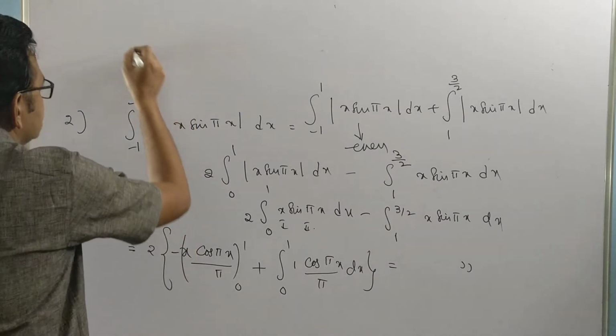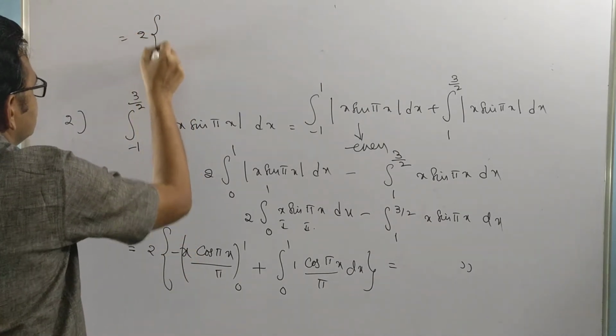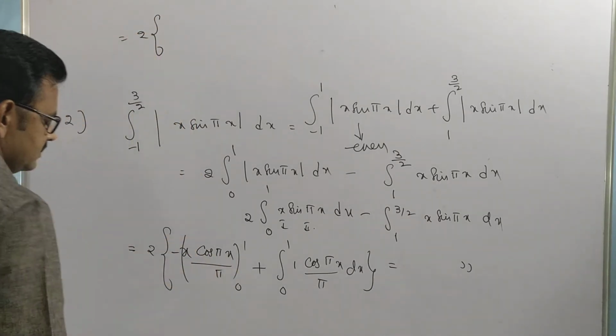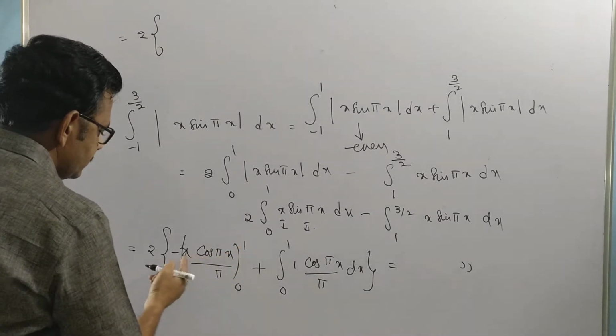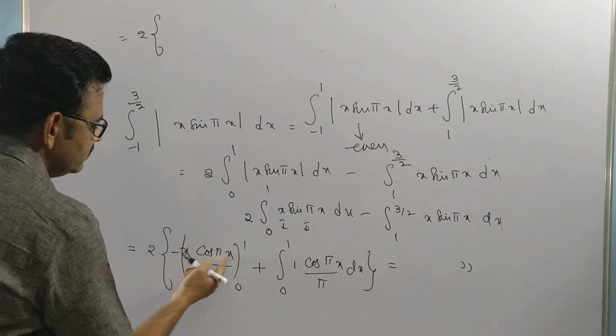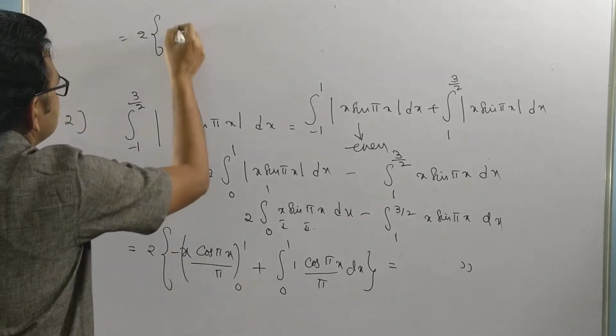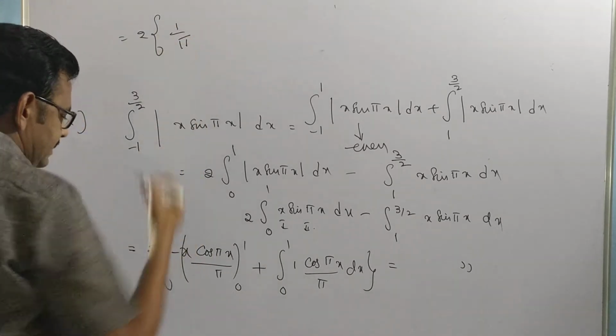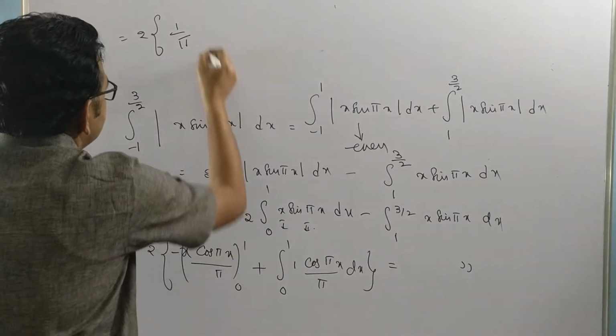So that is equal to 2 into, applying the limits, in place of x write 1, so cos pi value is minus 1, so this is 1 by pi. And minus the lower limit, which is 0.